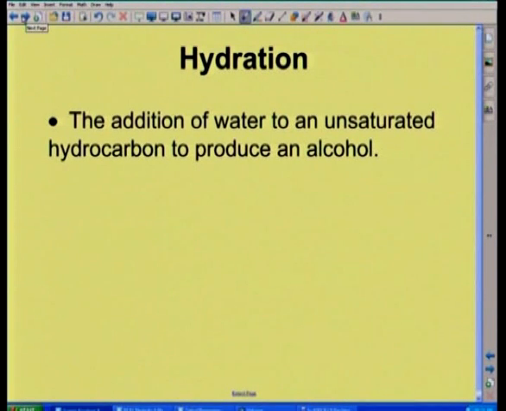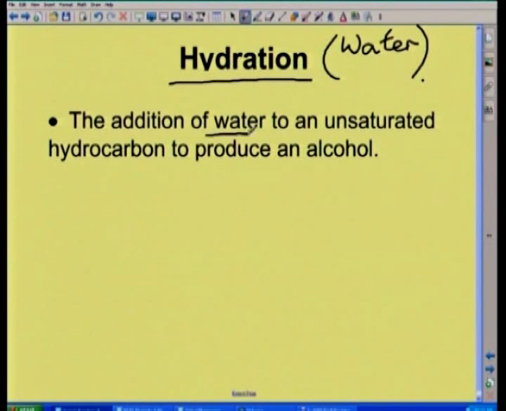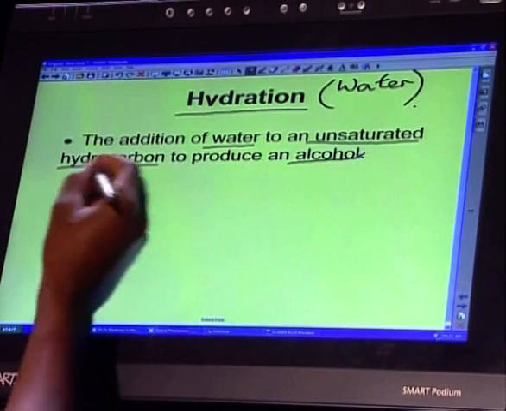Let's move on now. Let's talk about hydration. What is hydration? Hydration has got something to do with water. This is the addition of water to unsaturated hydrocarbons to produce an alcohol. So you've got an addition of water to an unsaturated hydrocarbon.